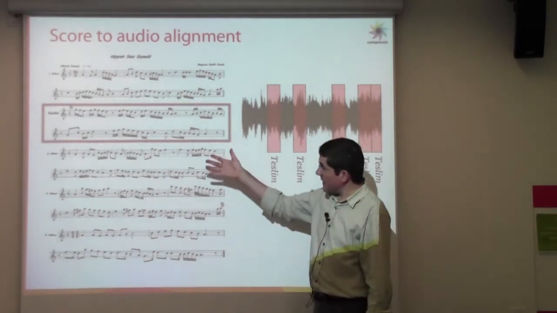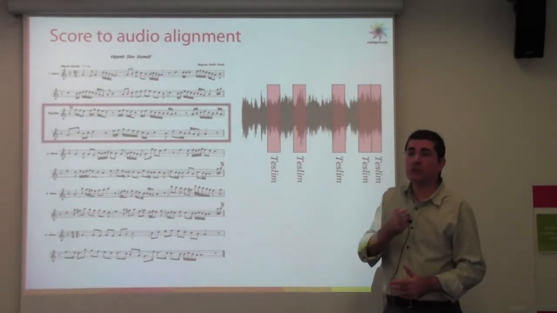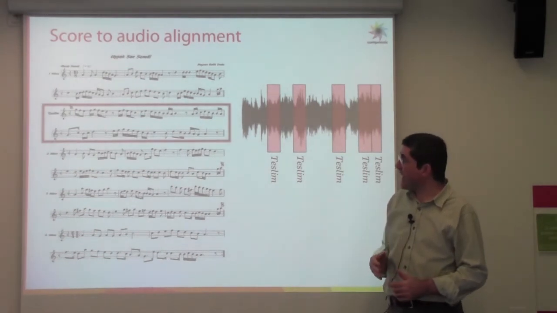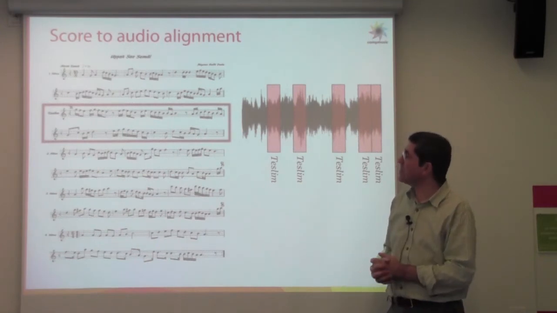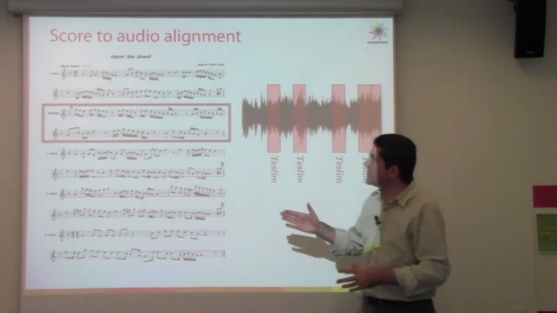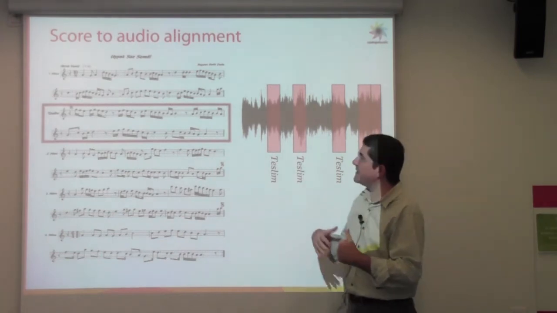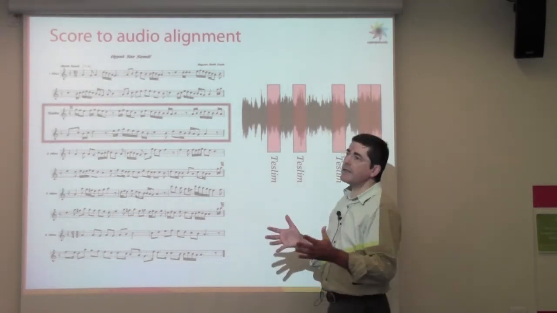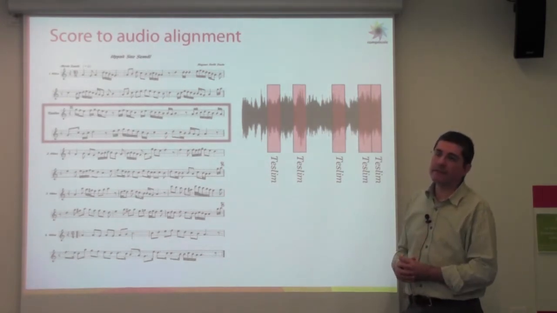And many of these traditions, like the Turkish music, are not like Western classical music, where you basically render the score from beginning to end and try to keep quite strict to what you see in the score. In Turkish music, there is quite a bit of freedom by the performer in terms of improvising, deviating from the score. The score is a reference on top of which the expressivity and the creativity of the performer plays a very important role.